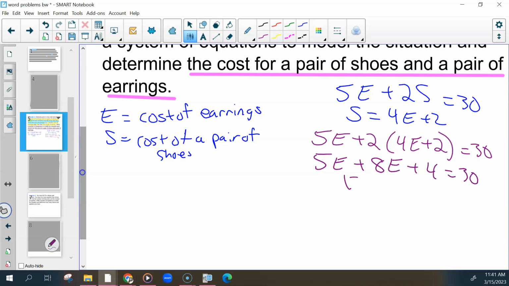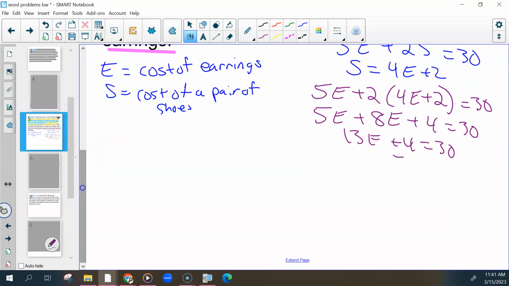Combine your like terms. Get rid of 4. And divide.